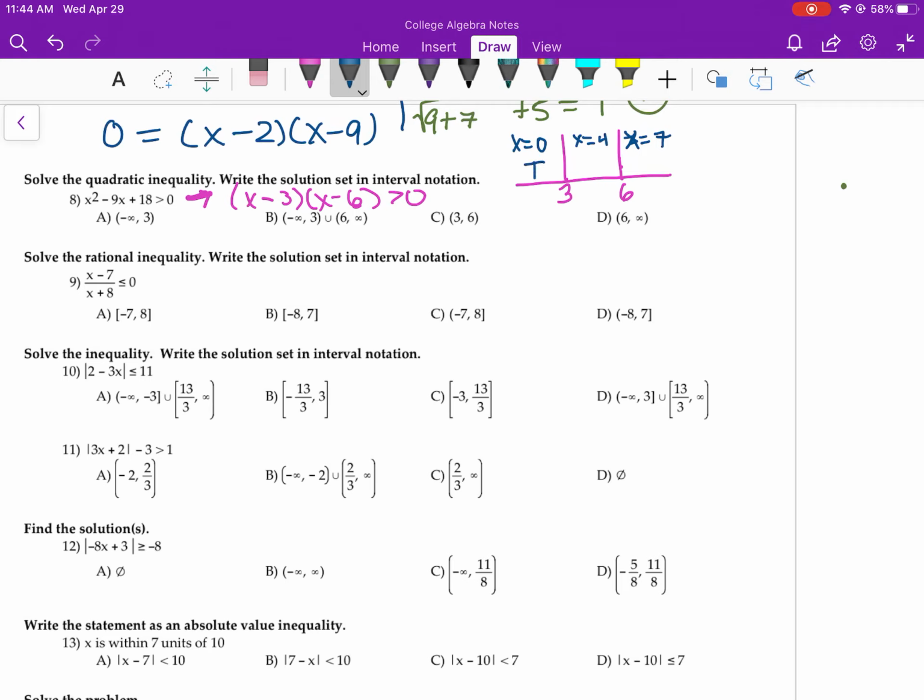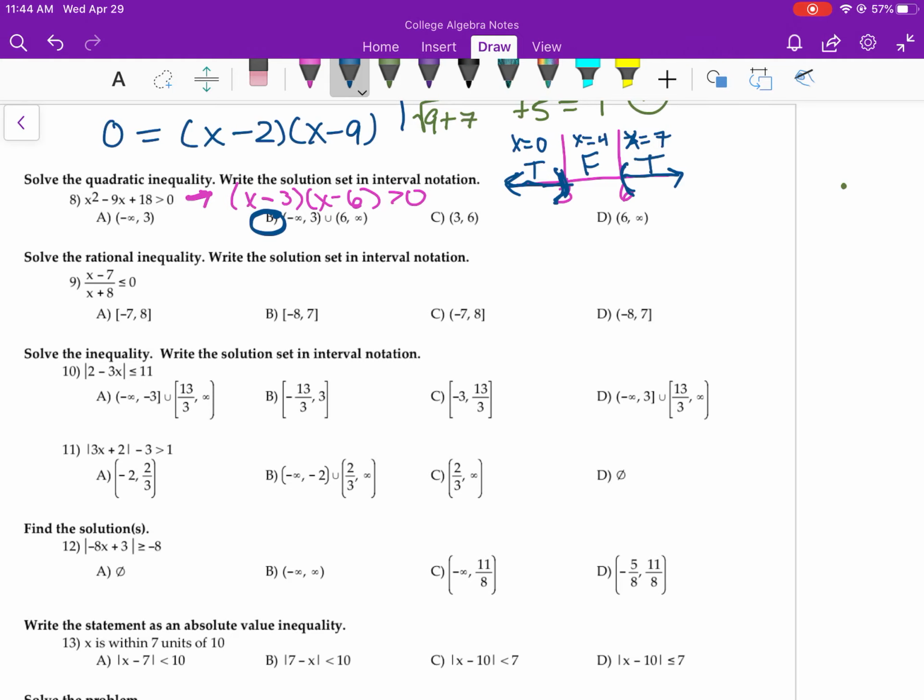For 4, I'll end up with a positive times a negative, which is not greater than 0. And for 7, I'll be back to true. And then I'm going to use my parentheses and shade in the direction where it's true. And so that answer looks like B.